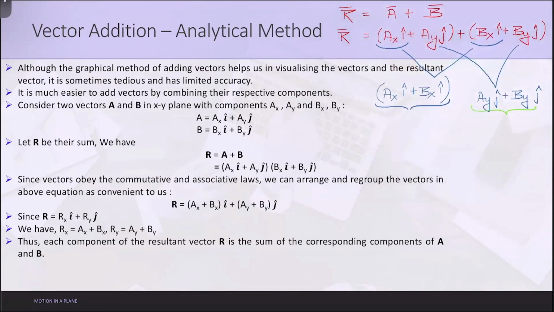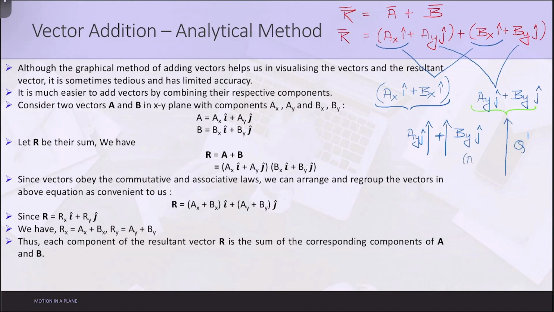So what is happening here? There was some ay j cap which was acting in this direction. Similarly, there was some by j cap also acting in this direction. Therefore, we can just add them directly, and the new vector which is formed, let's say denoted by q dash, will have the same direction.